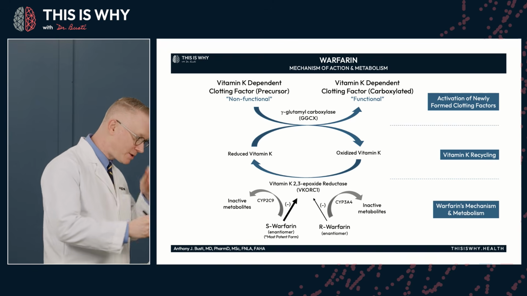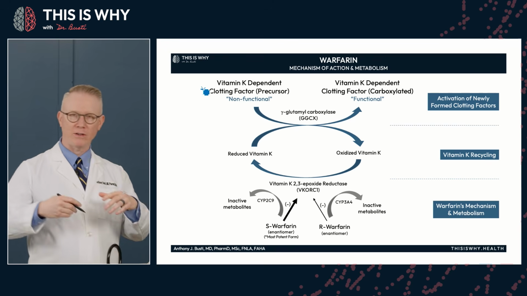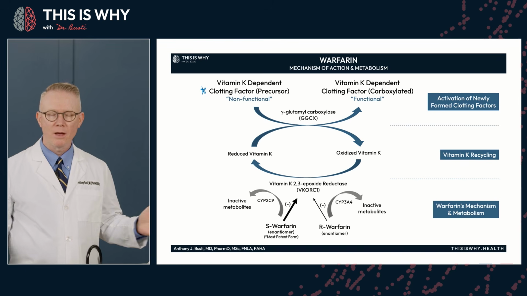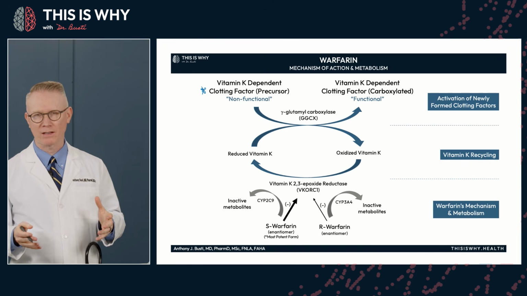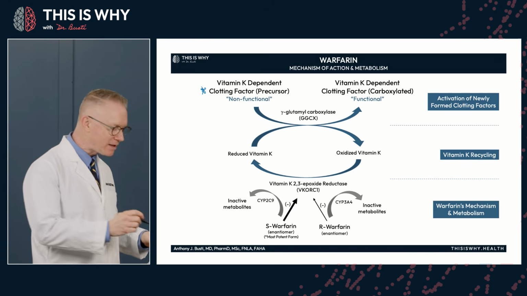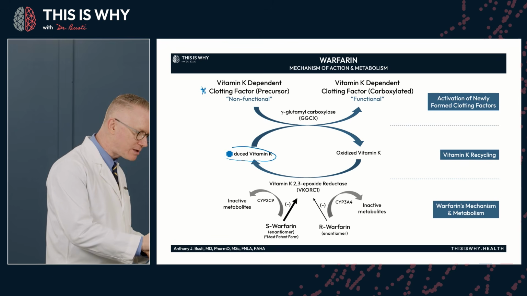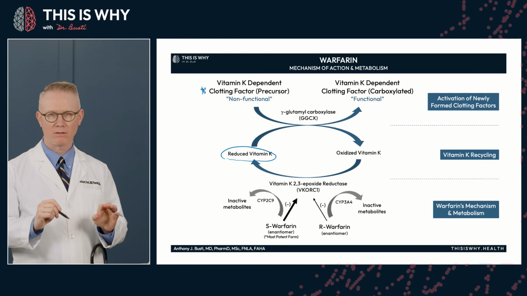Now, up here in this diagram, you see that we have vitamin K dependent clotting factor. It's made by the liver, but just because it's made doesn't mean it's activated. So it's a non-functional clotting factor. It gets activated in the presence of reduced vitamin K. It must be there.